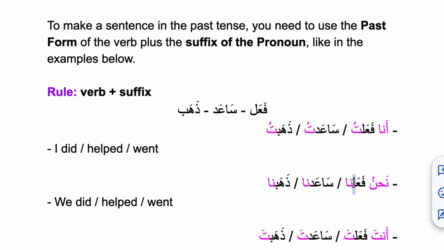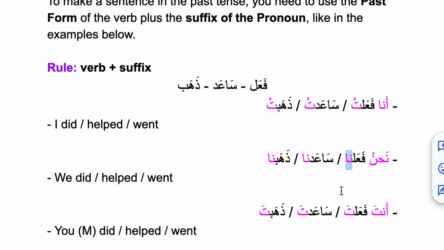In this case, the suffix of we, and as you can see, the suffix is written in a different color. نحن means we. فعلنا means we did. ساعدنا, ذهبنا. And as you can see, na is always attached to the verb.